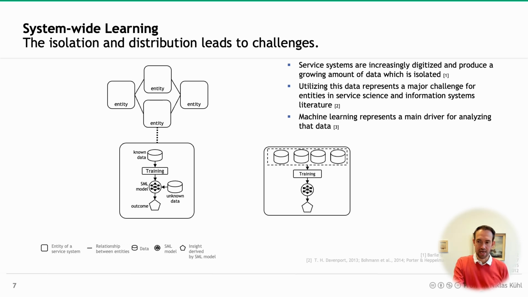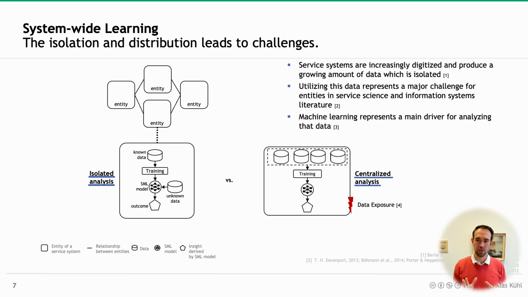Now, the main issue with that is obviously data exposure. These are different legal entities, and potentially a lot of their IP is in there. So that's a big risk, obviously. But I think this is a good starting point to dive into system-wide analytics.